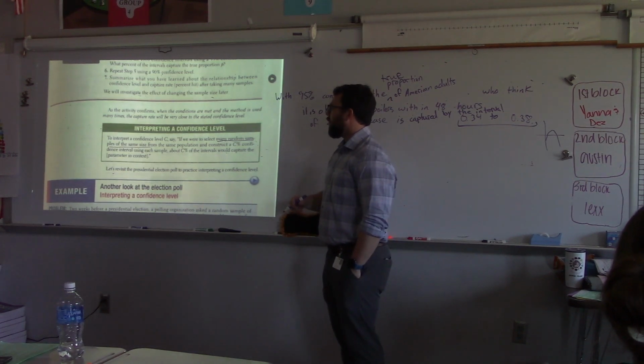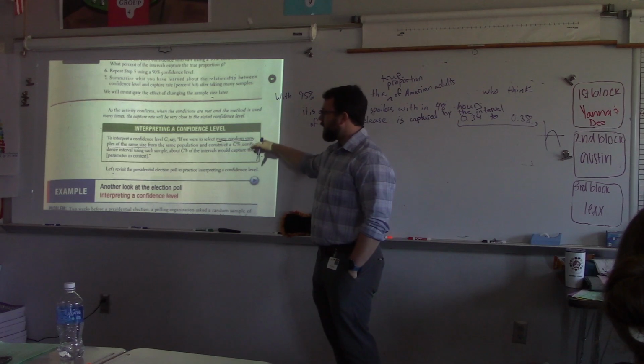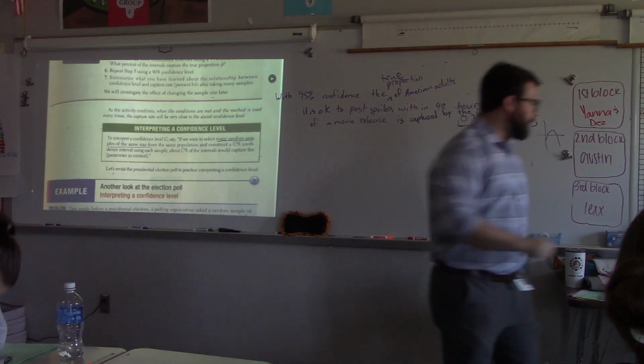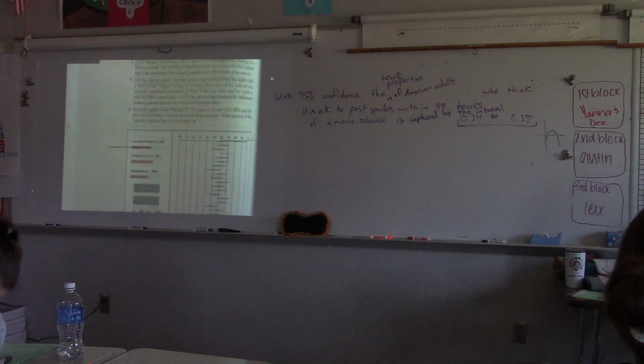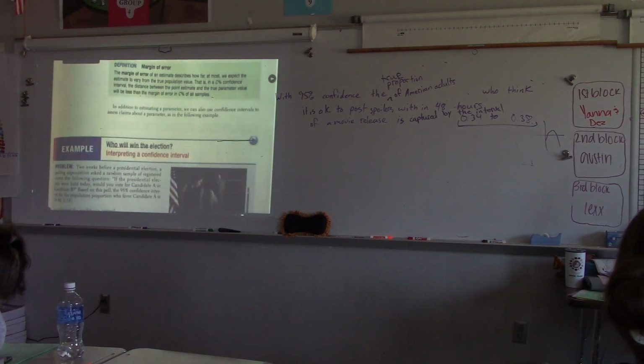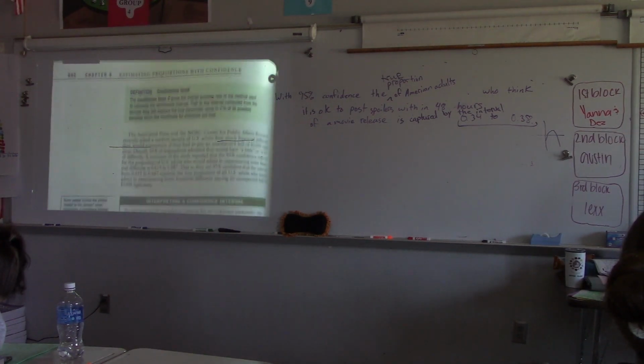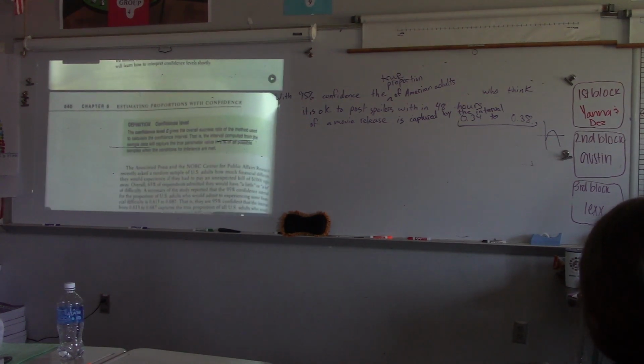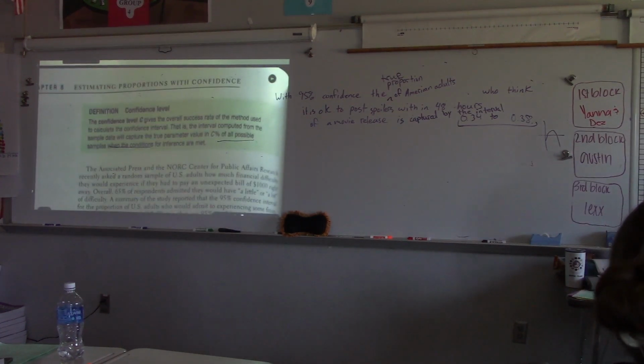So here is the idea of interpreting confidence level. Was there a definition for confidence level earlier? Oh, there it is. So there's the definition. Notice again, every time there's a key word, it's defined in the textbook, and I did post it yesterday. The confidence level gives the overall success rate of the method used to calculate the confidence interval.